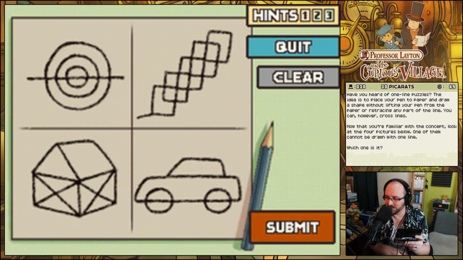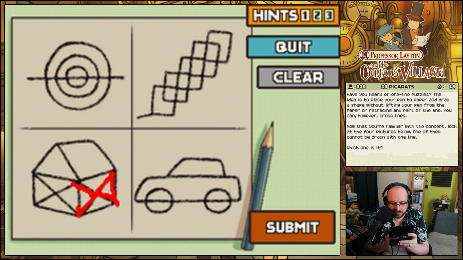Is it the house or the... Oh, this is terrible. I think it's this one, but I think there is a way to do this one. I'm just not seeing it now.